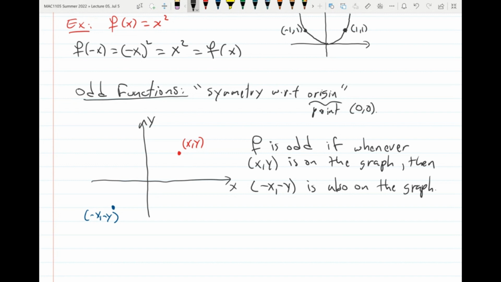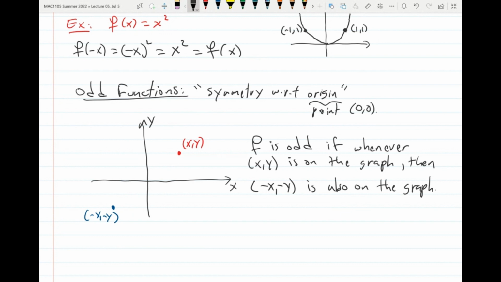For example, if you fold with respect to y, this point will come over here. But then when you fold with respect to x, the two points overlap. Or the other way around: fold with respect to x first, so this point comes up here, and then with respect to y, they will overlap. So it will be a two-step folding process. When you have a picture, that's what you can do in your mind to identify.